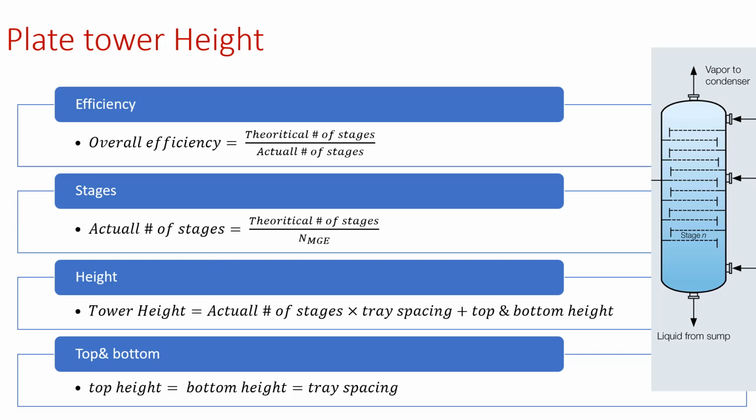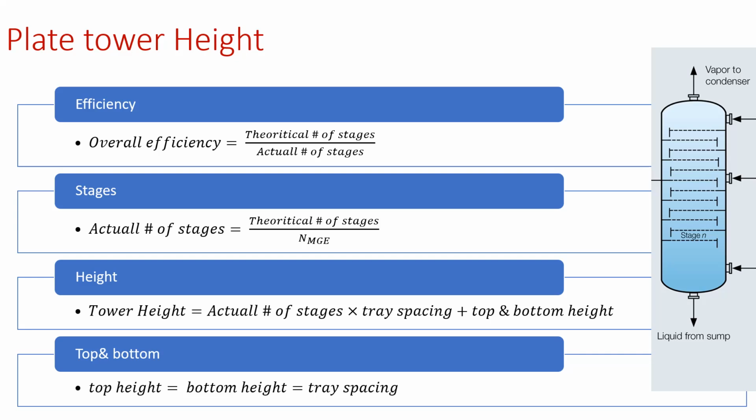So let's say now the actual number of stages is 10.3. In that case, because they are actual, real stages, we cannot have a 0.3 stage. So we will have to round this value up to the next number of stages. So 10.3 should be equal to 11 stages. So that's it basically in terms of the design or determination of plate tower height.